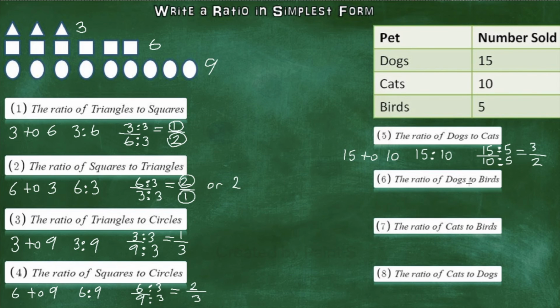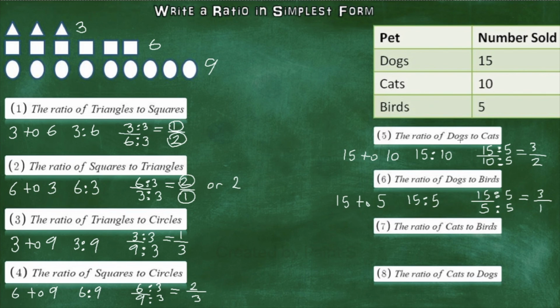The ratio of dogs to birds. So we have 15 dogs, 15 to birds, 5. 15 to 5 or 15 over 5. So we can simplify this fraction by 5 again. 15 divided by 5 is 3. 5 divided by 5 is 1. Next question, the ratio of cats to birds.